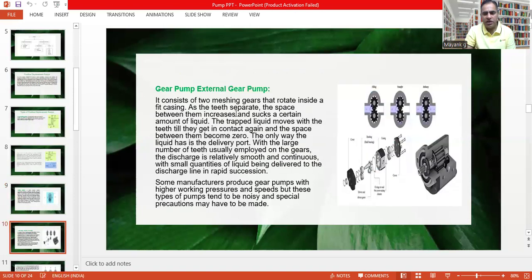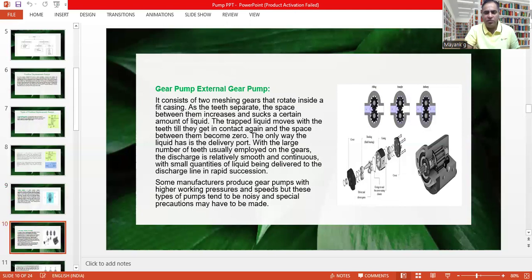There are basically different categories of rotary pumps. There are internal gear pumps and external gear pumps. In the external gear pump, there are two meshing gears that rotate inside a fitted casing. As the teeth separate, the space between them increases and sucks in a certain amount of fluid.